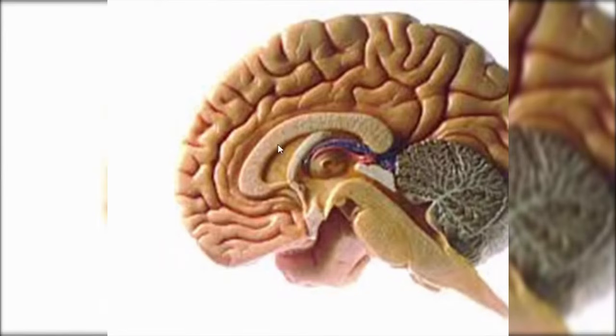And as I clearly explained in the picture that was written on the board, you see this folded area, the entire folded area is called cerebrum. Okay, and this leaf-like, tree-like structure is called cerebellum. Okay, and this is your midbrain.